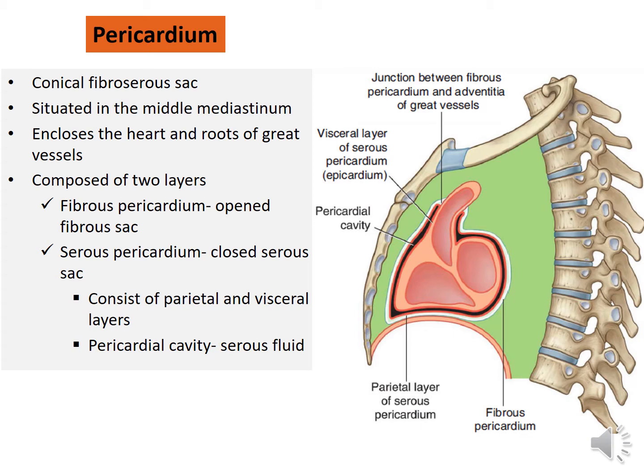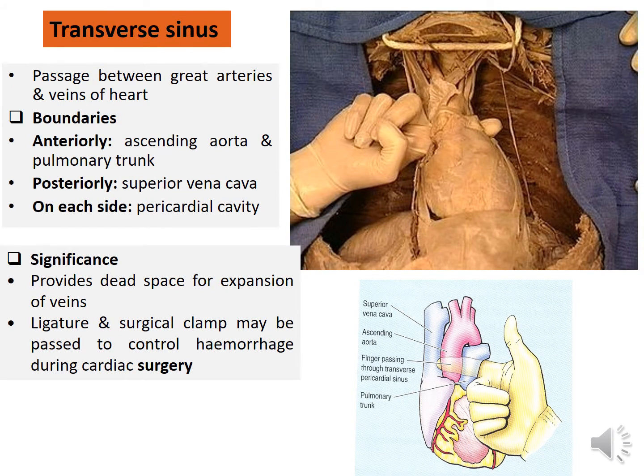The relations of the fibrous pericardium we discussed in detail in the introduction to anatomy. After knowing briefly about the position and layers of the pericardium, we talk about the sinuses that are located within the pericardium.